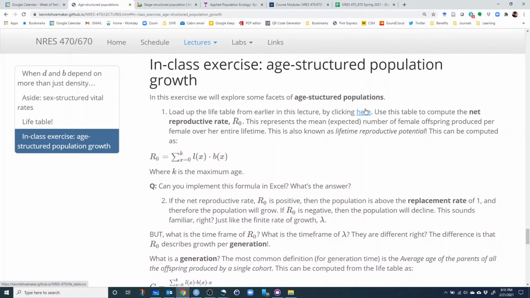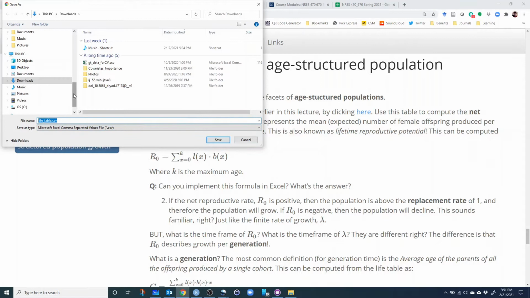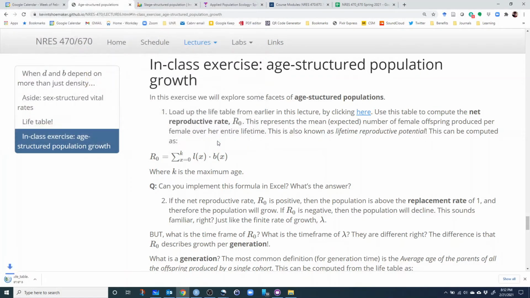So the first thing to do is just to load up this spreadsheet that represents a life table for a hypothetical population. So we're going to save this Excel table somewhere. I'll just put it in my downloads and load it up.